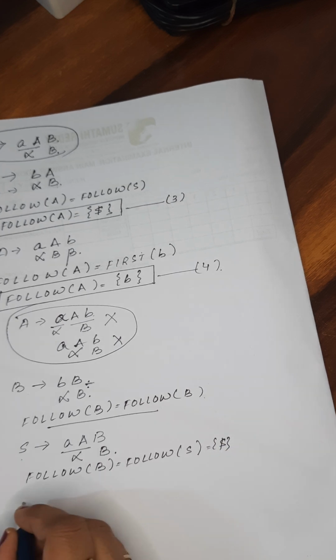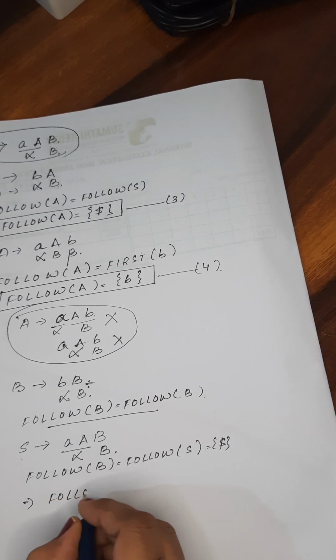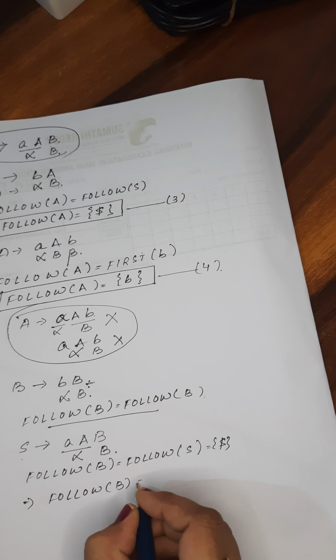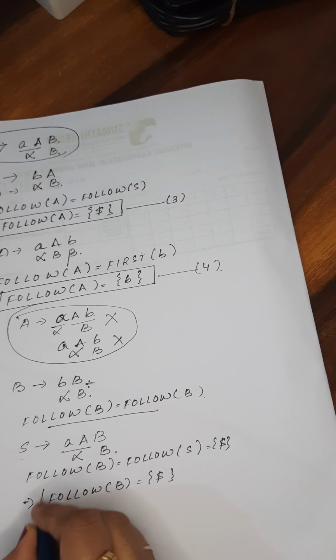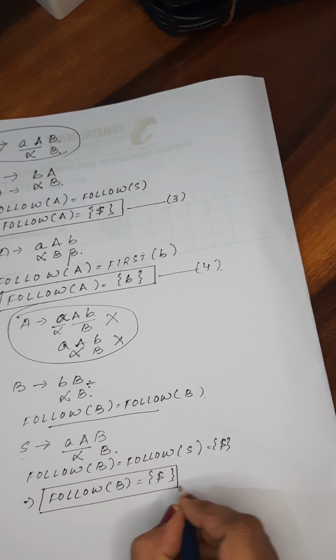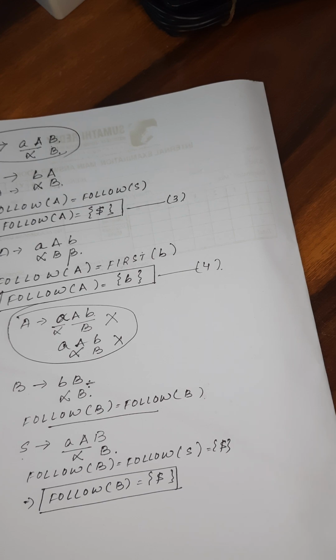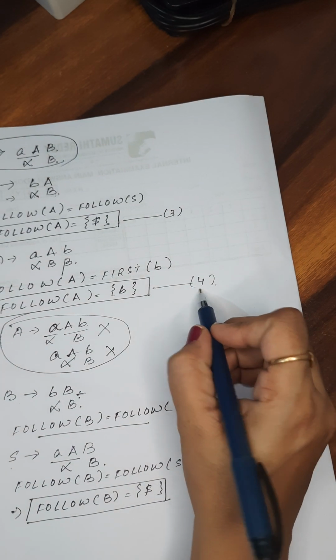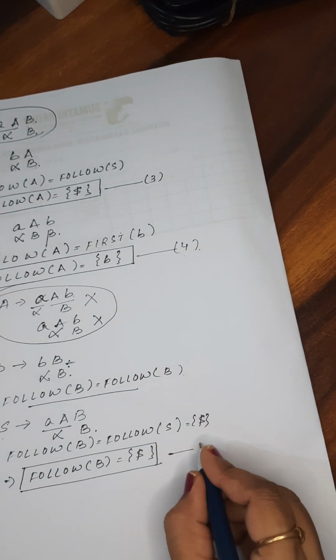Dollar. So, I can write over here follow of B is equal to dollar. This is equation number 5.